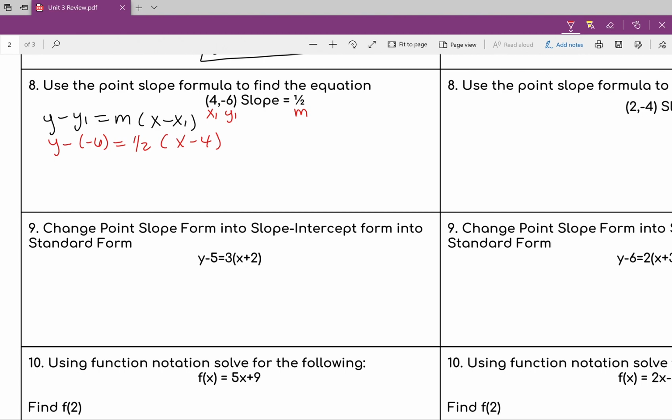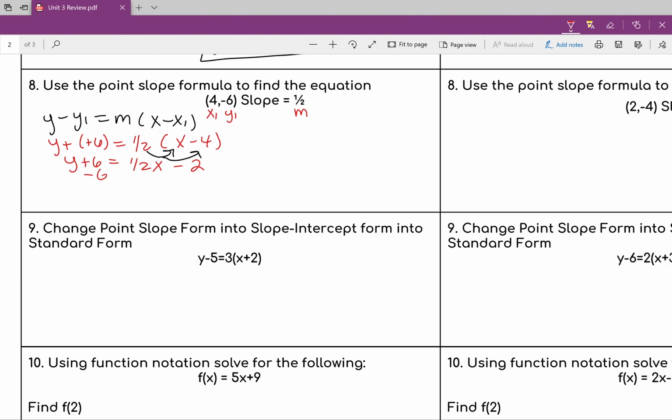Okay. Let's see. I'm going to go ahead and change this minus a negative into plus a positive. So I have y plus 6 equals. Then I'm going to distribute this 1/2 inside. And remember, distribute means to multiply. So 1/2 x minus 2.